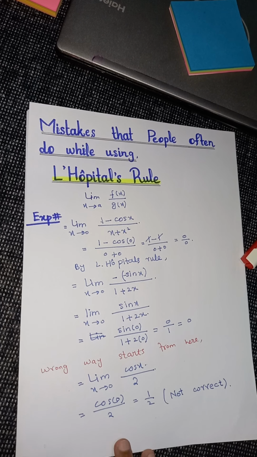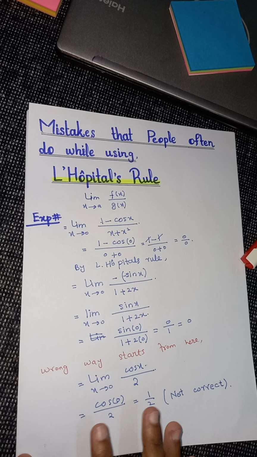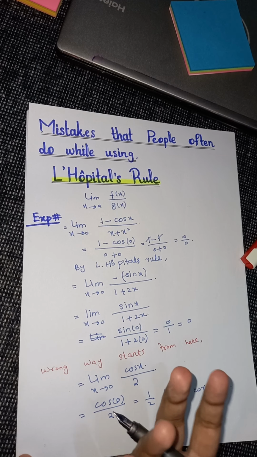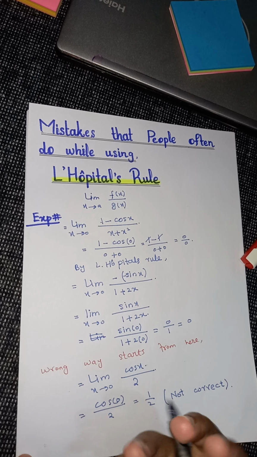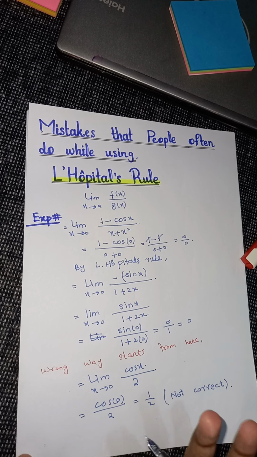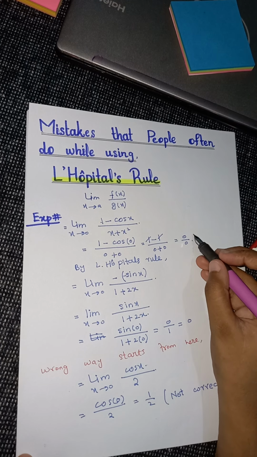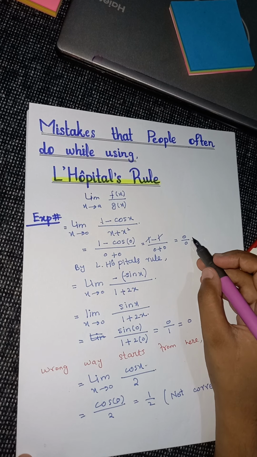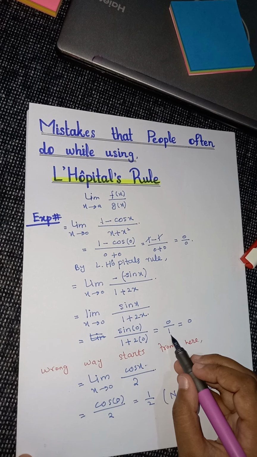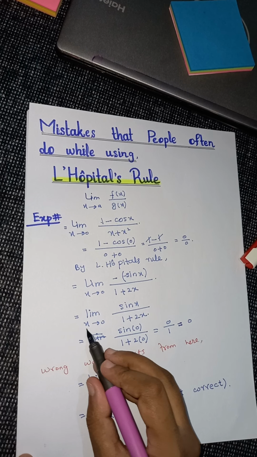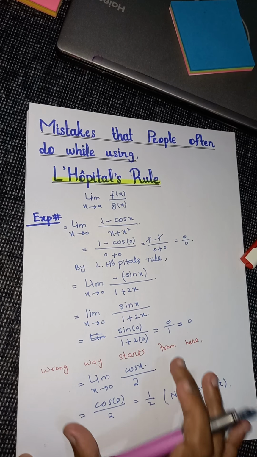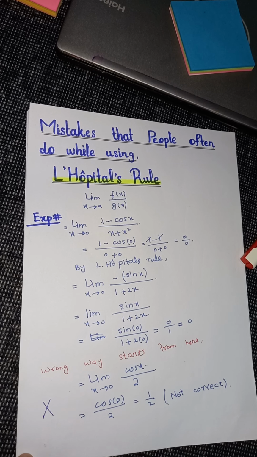But if you apply L'Hopital's rule again and again, that is the wrong way, because you have no indeterminate form and you are just applying it because you have no idea what to do with the question. Keep in mind, I explain again, when we have an indeterminate form, then we apply L'Hopital's rule. This is not an indeterminate form. This is simply a function that gives us the answer 0 when we apply the limit as x tends to 0. There is no need to apply L'Hopital's rule again.